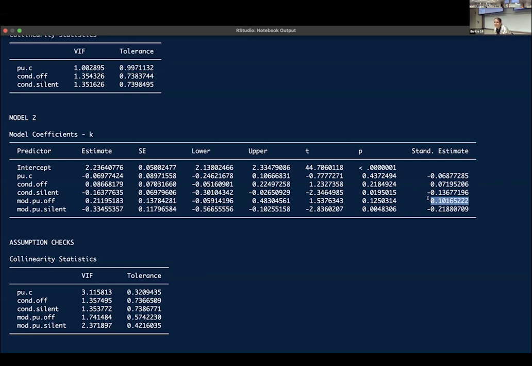Now let's check what happens when my phone is on. It's silent. What happens when my phone is on silent? First of all, is it significant? Yes, right? So when my phone is on silent compared to a calculator, the relationship between positive impulsivity and working memory is going to change. And in fact, it's going to go down by an additional 0.22 standard deviations.